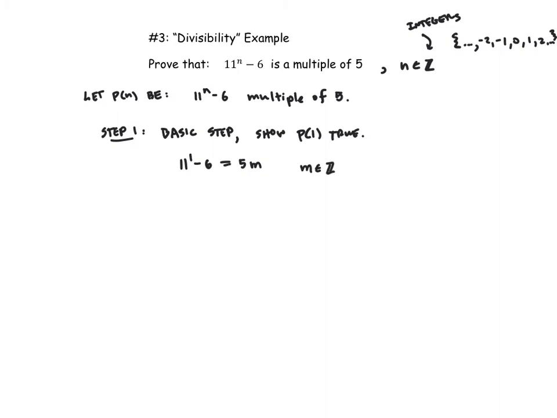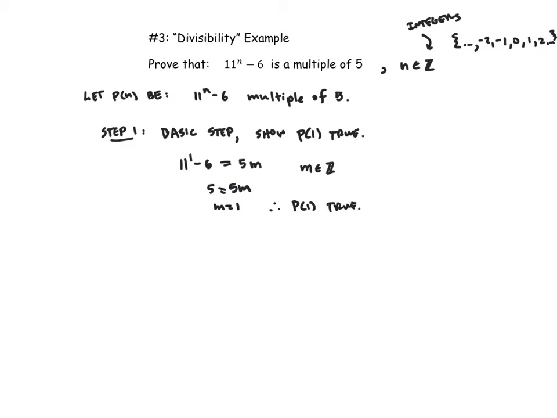So this is the definition of multiple of 5: 5 times some integer value. So let's show that this is true and that m is an integer. So 11 to the first is 11, minus 6 is 5. Therefore, in this case, m would equal 1. Thus, P of 1 is true.